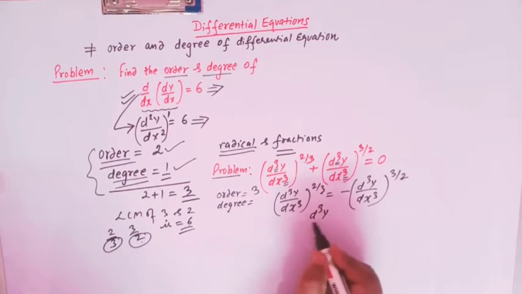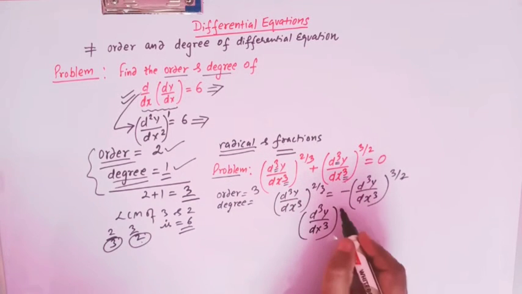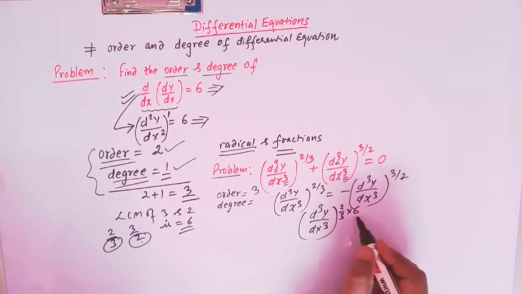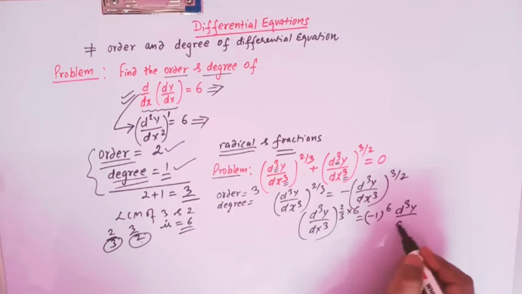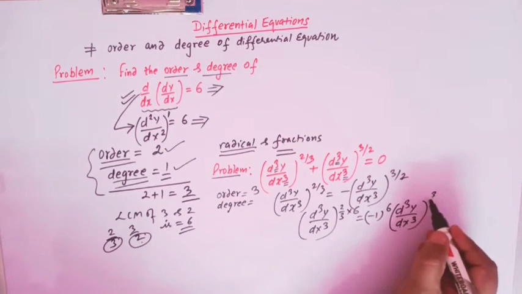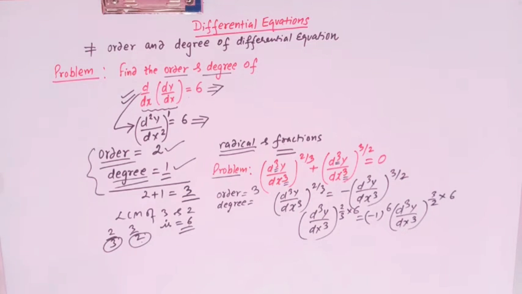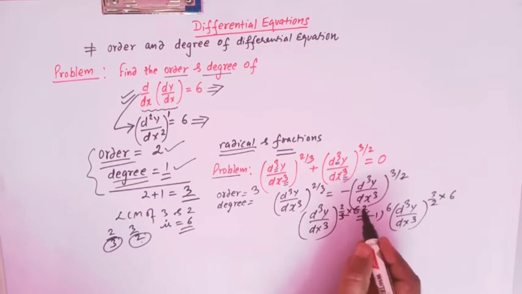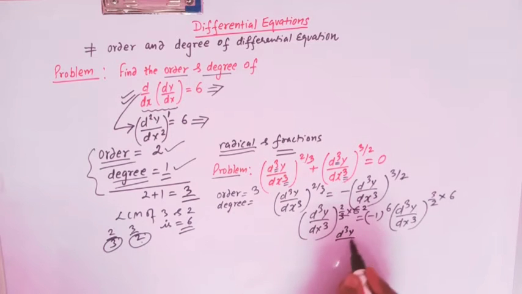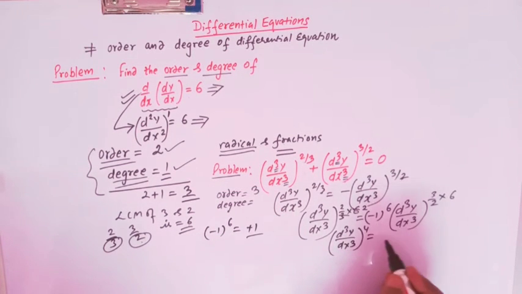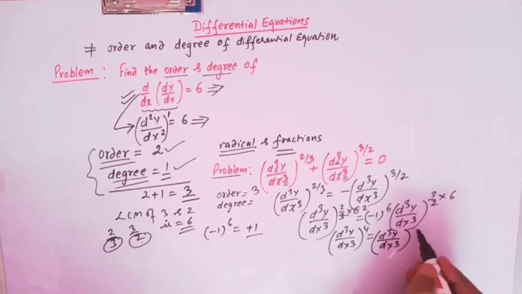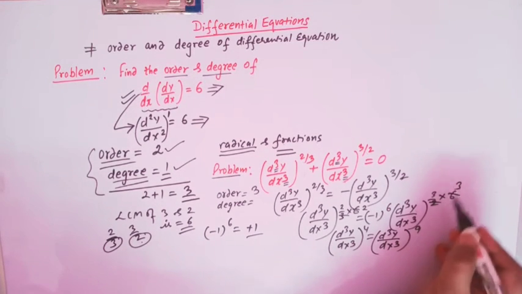So we have (d³y over dx³) to the power 2 over 3 times 6, and here we have (minus 1) raised to 6, and (d³y over dx³) to the power 3 over 2 times 6, right? So here we have 4, so d³y over dx³ raised to 4, and minus 1 raised to 6 is plus 1, so we have simply d³y over dx³ raised to 9, because 3 twos are 6, 3 threes are 9.